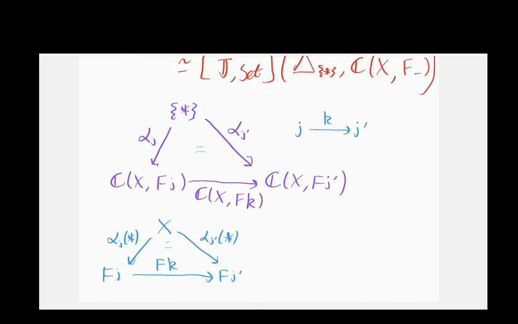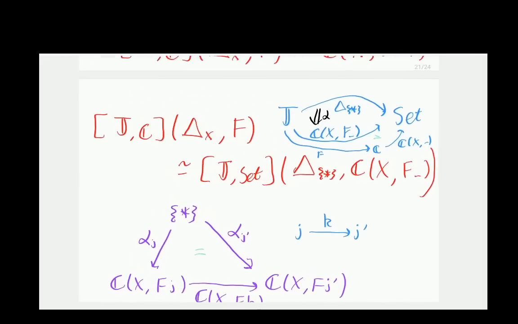And the fact that this triangle is supposed to commute is going to mean that this is going to commute. So if we define beta of j to be alpha j of star, then we see that an alpha in this set gives a corresponding beta in this set. And that's the nature of the correspondence between these cones over here and these cones over here.